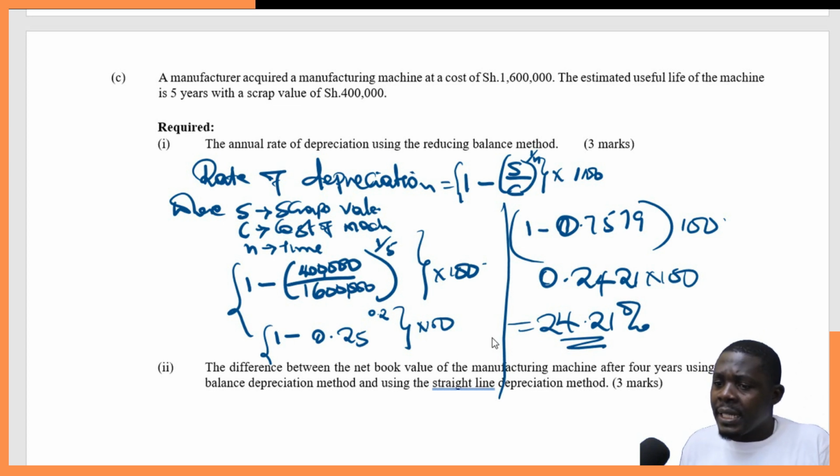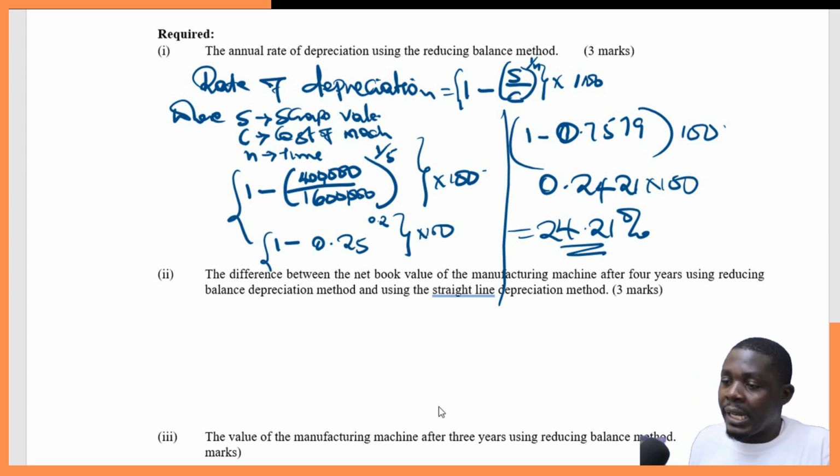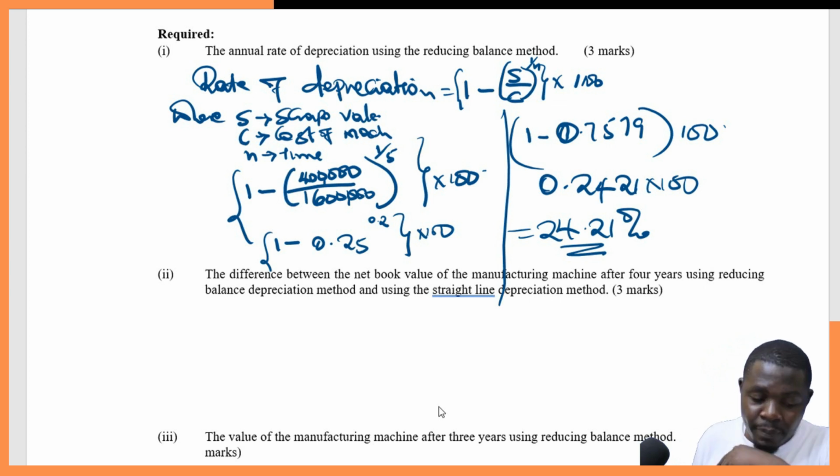Now we are told to calculate the difference between the net book value of the manufacturing machines after 4 years using the reducing balance depreciation method and using the straight line. Now let's calculate using the reducing balance.